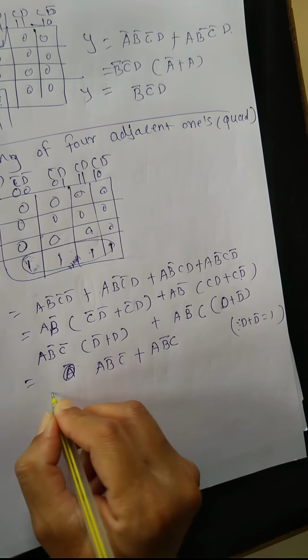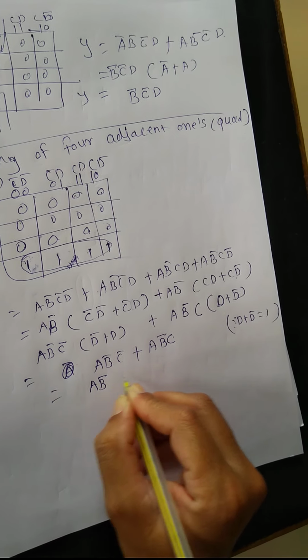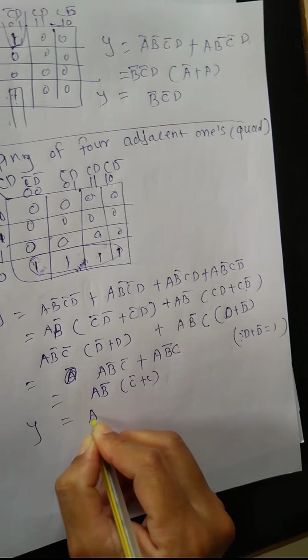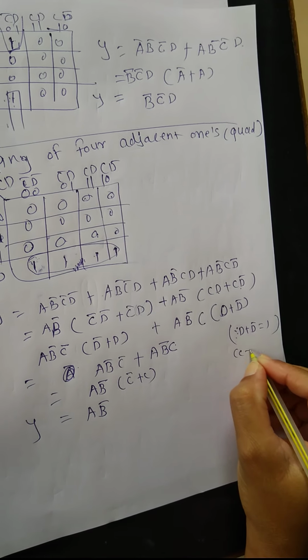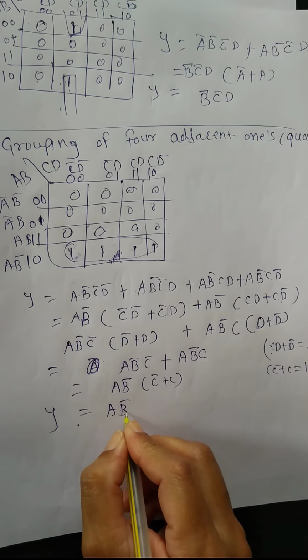Likewise, with the complement law, C bar plus C is 1. So Y is equal to A B bar.